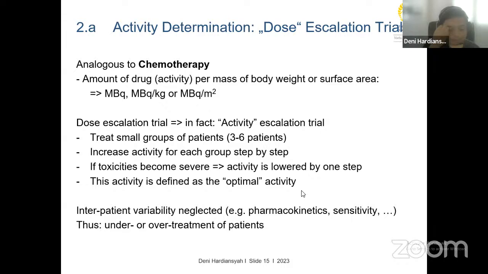But the problem is, let's say you're working for a hospital, right? One patient comes to your place, and you say, okay, just use this megabecquerel number, or we can scale it simply by using their mass or body weight and also the body surface area.